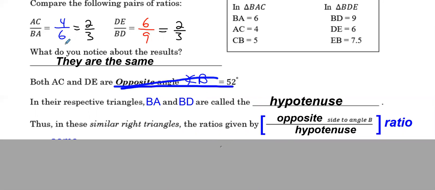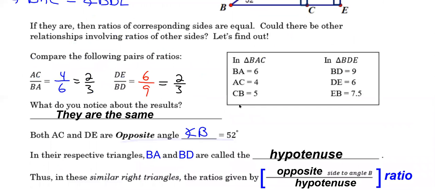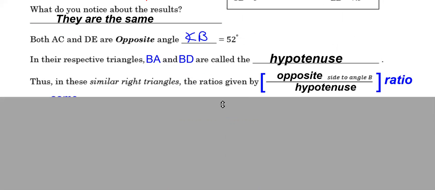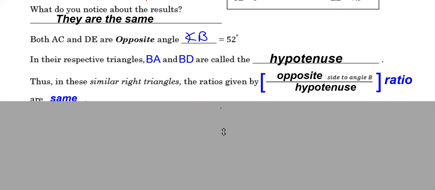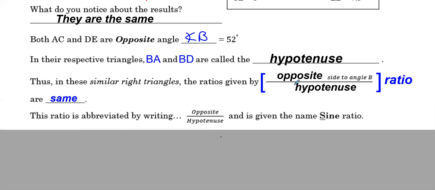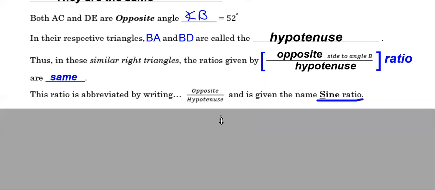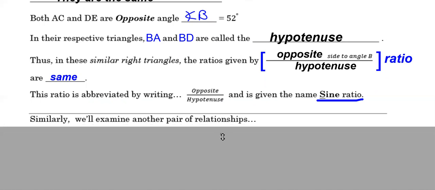And it doesn't matter which triangle we're looking at, whether it's the smaller triangle or the larger triangle, we get the same ratio. So because of that special property, we shortcut the naming of it. We refer to this ratio as the opposite side divided by the hypotenuse side. So it's the length of these sides. We call it a sine ratio, S-I-N-E, okay?